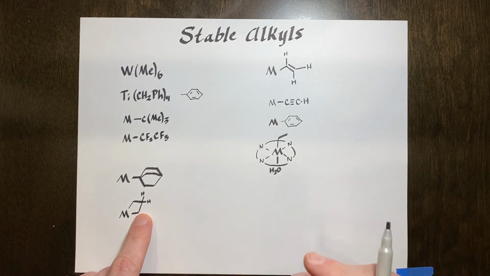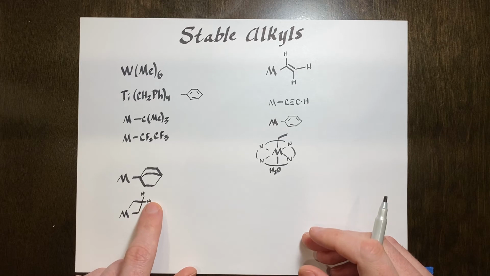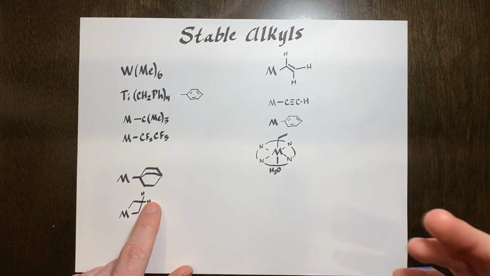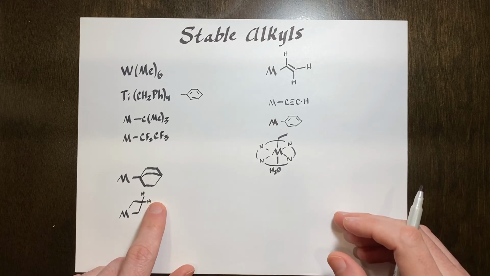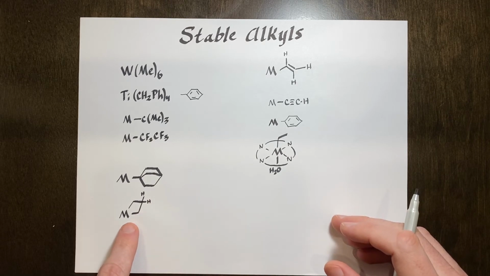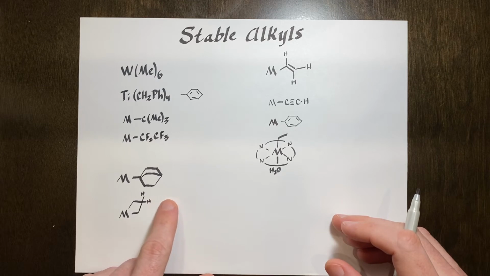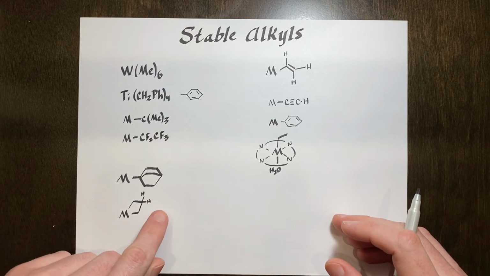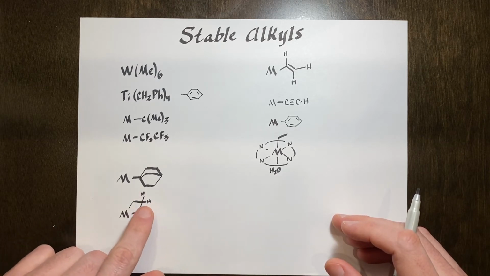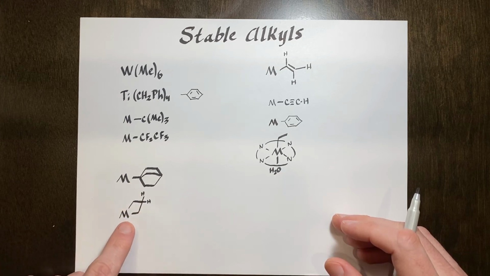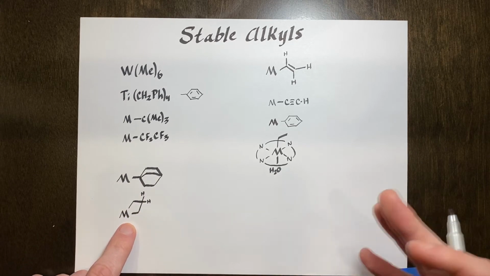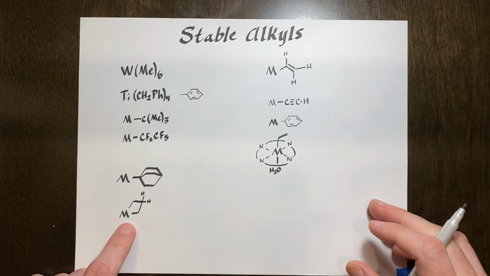The other problem is the beta hydrogens are way over here, and that's actually more important in this case. And so it's just not available for the metal to react with those. And there's no way that these hydrogens can rotate or end up closer to where the metal is to be able to react that way.